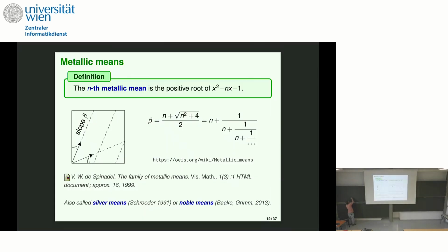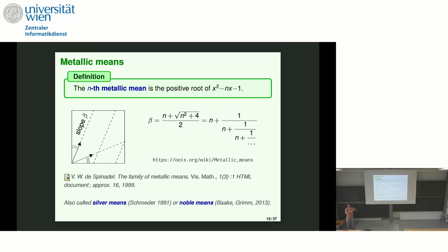So it's beta will hit n times, and then what remains is the inverse of beta. So if you multiply by beta, you get beta squared. You get this equation. So this is the equation whose positive root of the polynomial is the metallic mean.